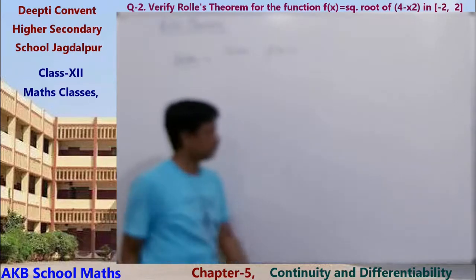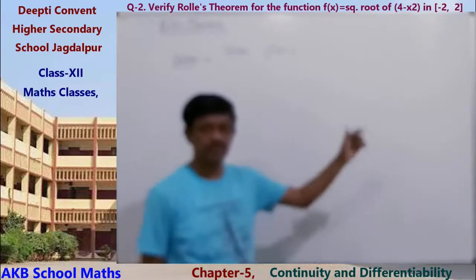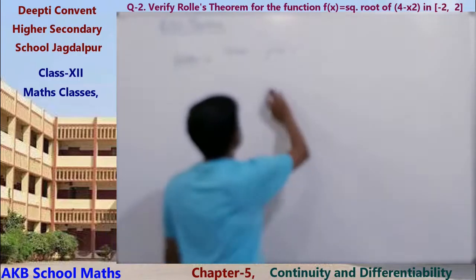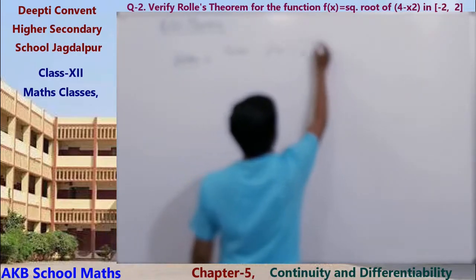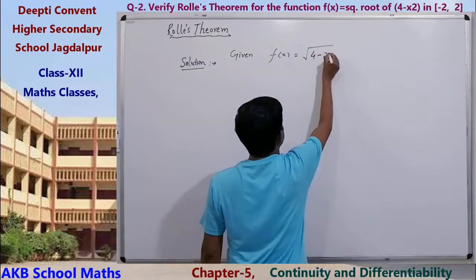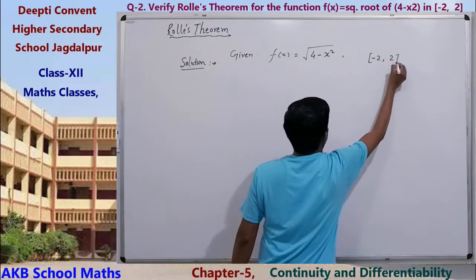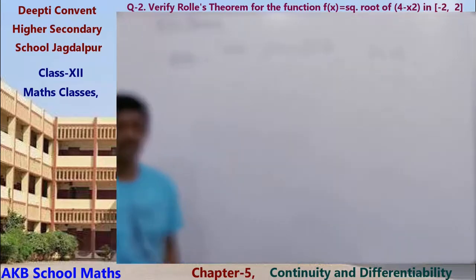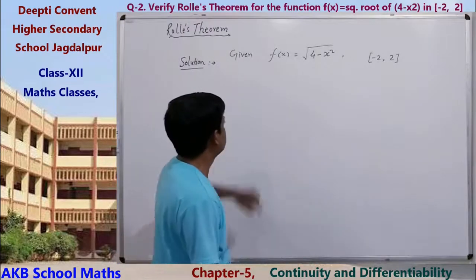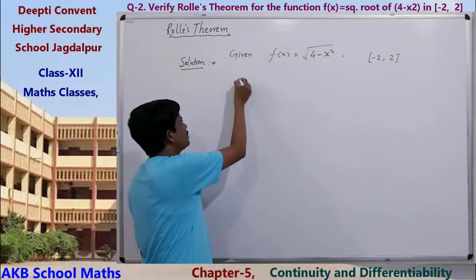Now we are understanding this question in short. Given function f x equals root of 4 minus x square and the interval is minus 2 to 2. For verification of Rolle's theorem, here also we have to test the conditions first.